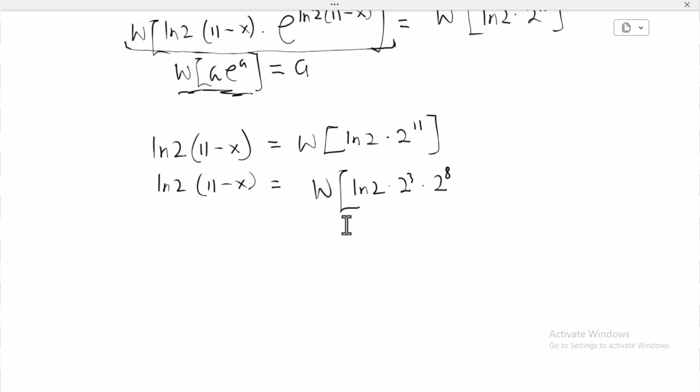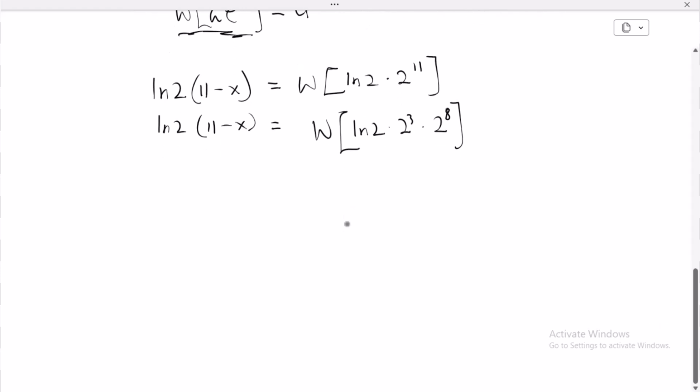You just split the 11 into 3 and 8. Now when we do that, we are going to have natural log of 2 multiplying 11 minus x to be equal to W Lambert's function of 8 natural log of 2 multiplying 2 to the power 8.